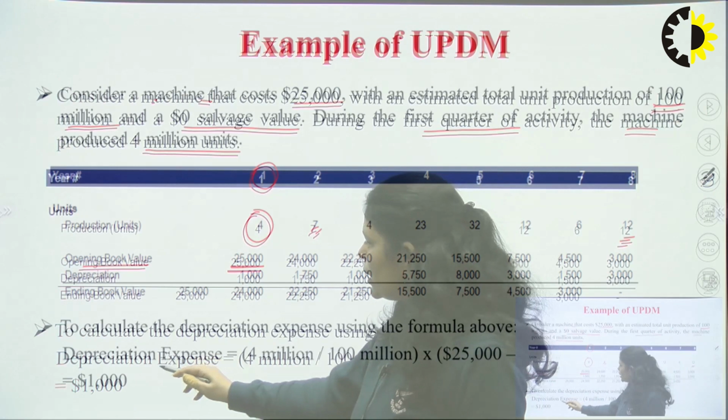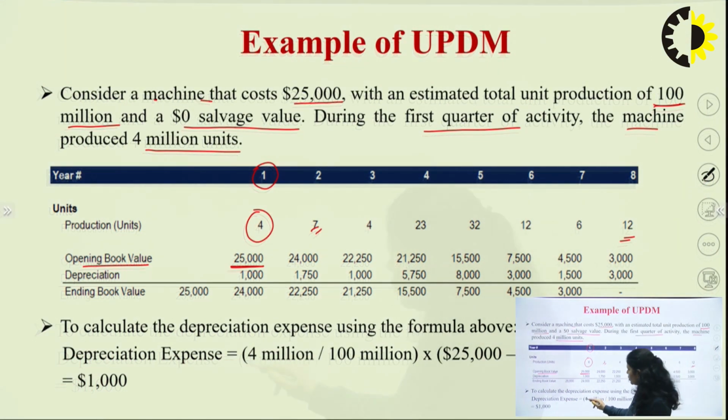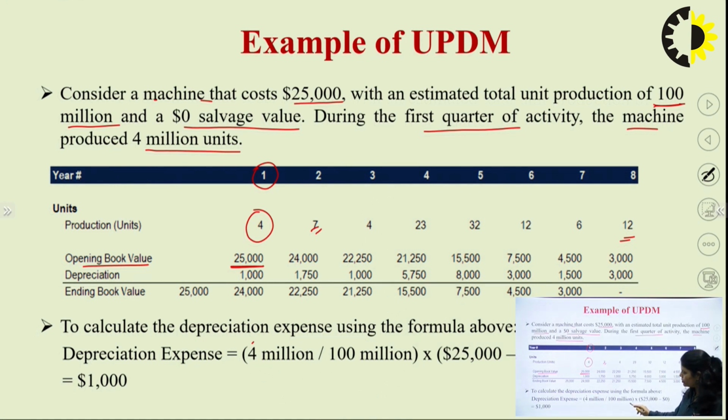The formula for the depreciation is the number of units produced divided by the total number of units produced, where the number of units produced here is 4 million and the total number of units produced is 100 million, into the cost of the machine, which is $25,000 minus salvage value, which is $0. So, it comes out to be $1,000. So, we have written 1,000 here.